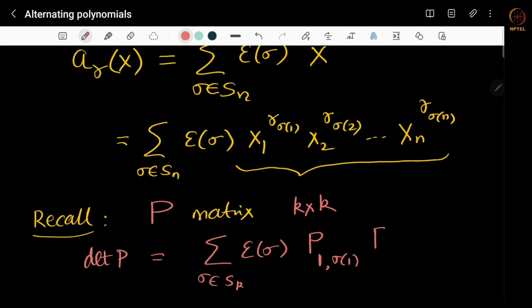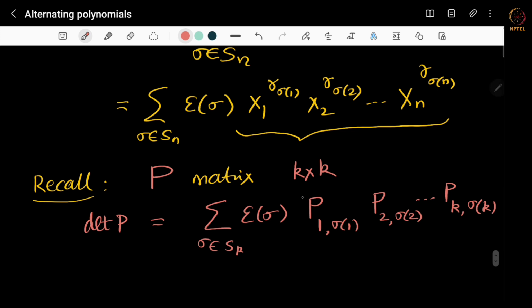So recall, suppose A is a matrix. Maybe we shouldn't call it A, let's call it something else. So suppose P is a matrix. Okay, then what's the determinant of P? It's some, let's say, K cross K matrix. Now how do you compute the determinant of P?